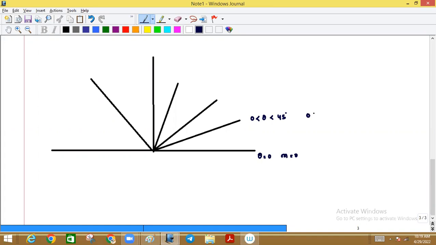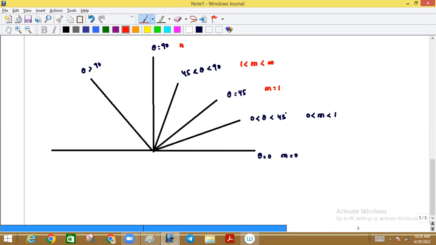If theta is in between 0 to 45, slope is in between 0 to 1. If theta is in between 45 to 90, theta is equal to 90, theta is greater than 90. And what are slopes? Slope is exactly 1 when theta is 45. Slope is in between 1 to infinity when theta is in between 45 to 90.